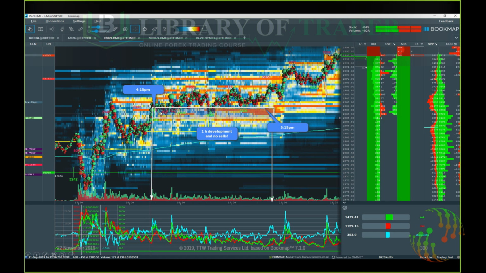You have enough time, draw a rectangle and find your entry, maybe here at 86 in this case, and the stop is absolutely clearly definable. It must not go below this 84 area here. If this rectangle is broken, then something is amiss. You are out of this trade and wait for the next opportunity.